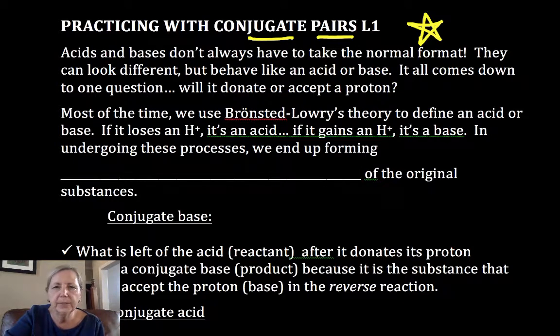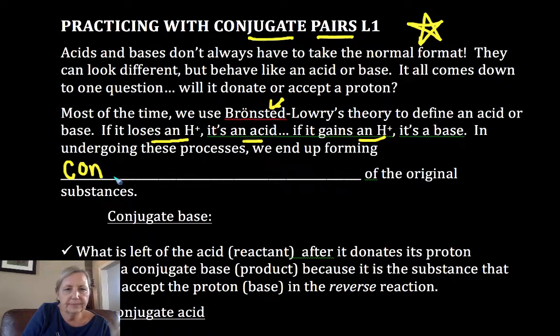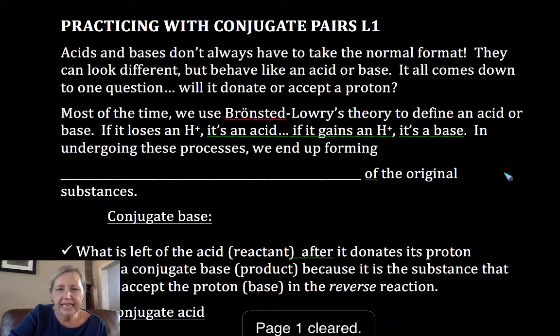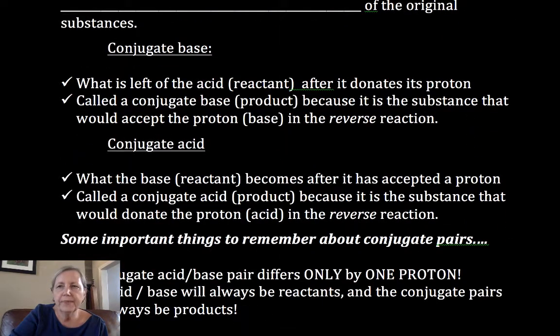it's really, really important. Okay, so most of the time we're going to be using a Bronsted-Lowry theory to define. So if it loses an H plus, it's an acid. If it gains an H plus, it's a base. And in the process of doing that, we form a conjugate of the original substance. So a conjugate base is produced from an acid.